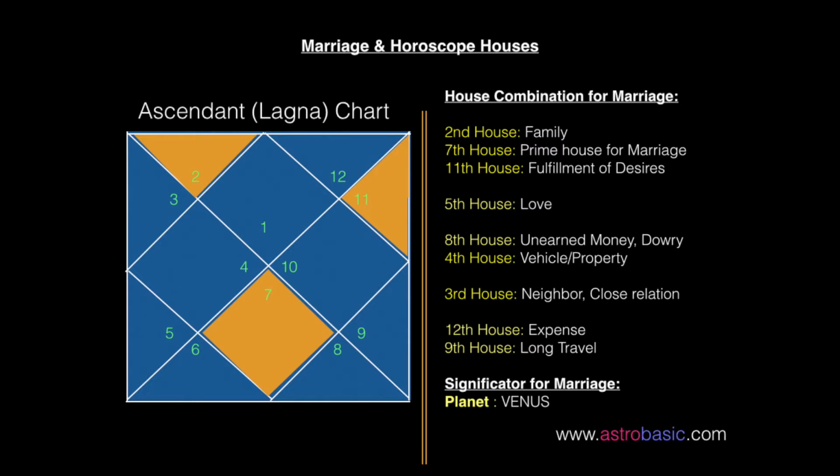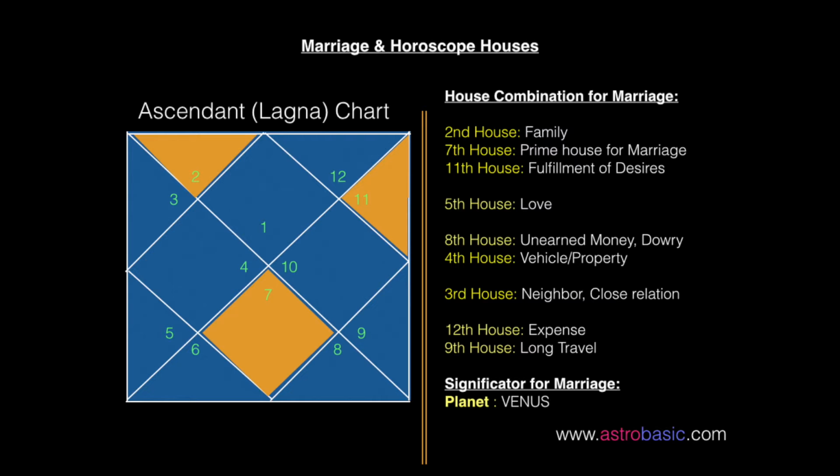The first house is yourself and the 7th house is your partner. The 7th house represents legal marriage, as we say in society, your relationship with the spouse, partnership and all those things. So if you have to judge marriage, the first thing to check is the 7th house.